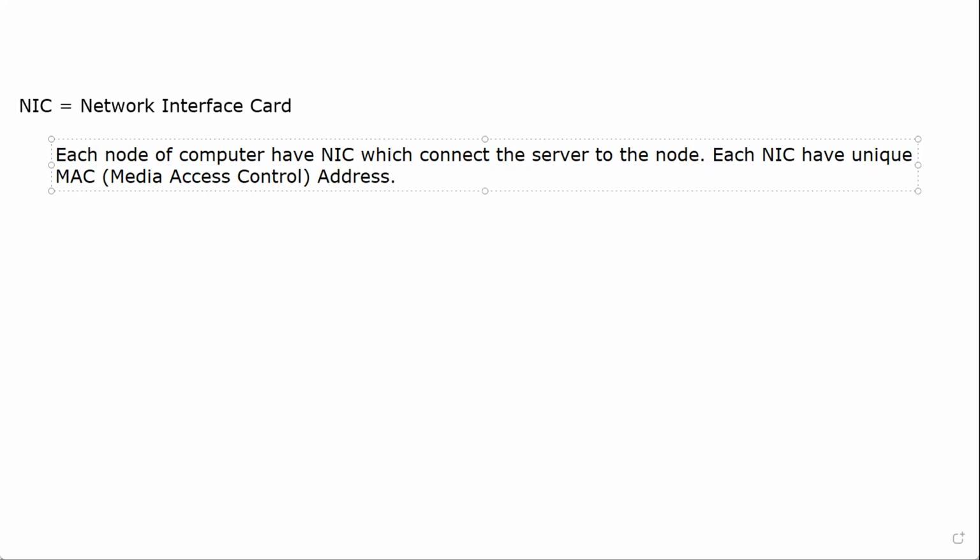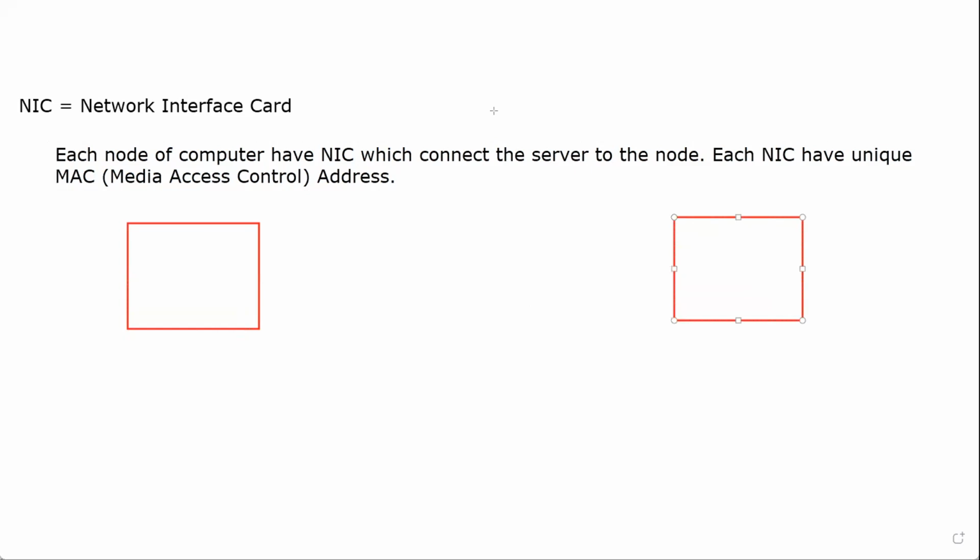My dear students, as you can see, each computer has a unique MAC address. Each node is connected with the server, so the server has the information of each MAC address. I'll just give you an example. Suppose there are two computers, computer 1, which I can call node 1, and node 2.